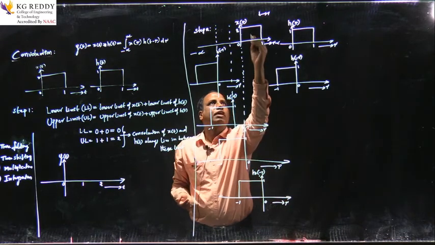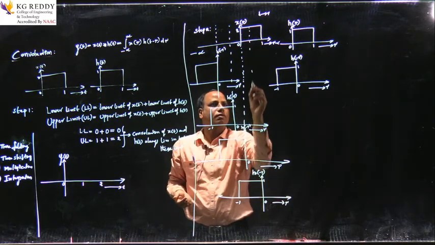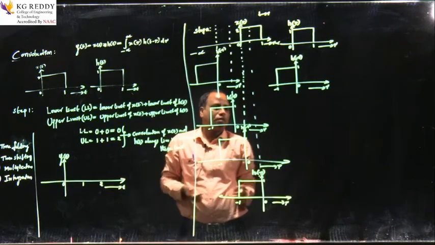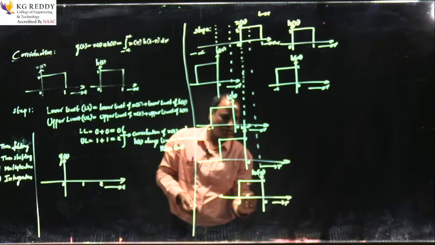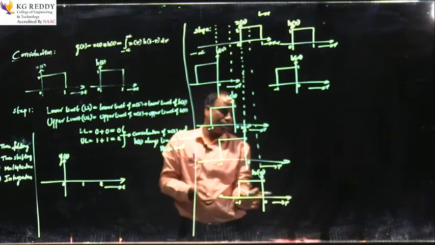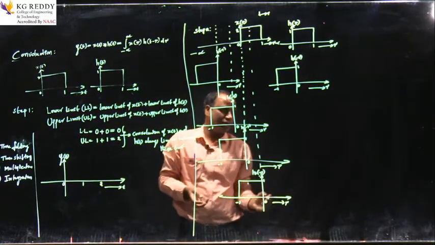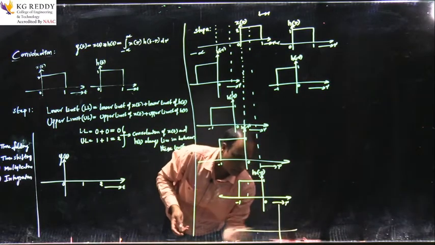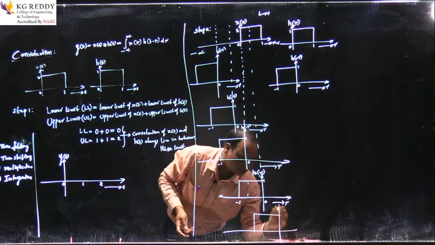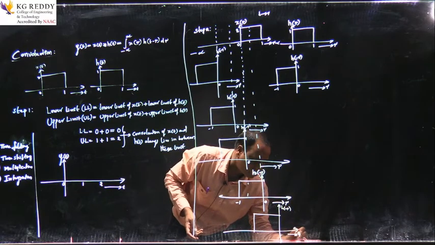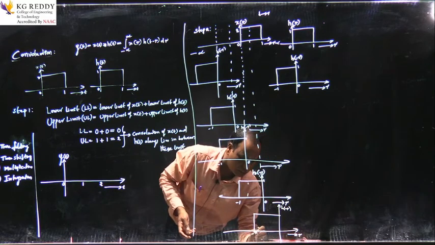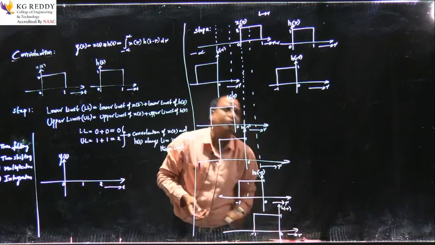Now if you compare this, there is overlapping area up to here, and this is an overlapping area. If you keep moving the signal towards the right side, there will be 100% overlapping area, and this is 1, minus 1 and 0 and this is 1.